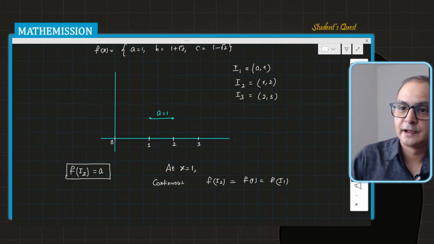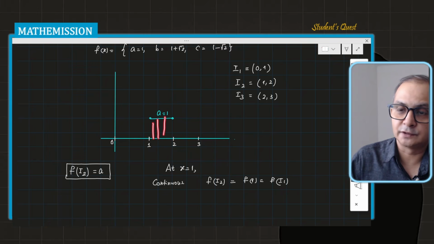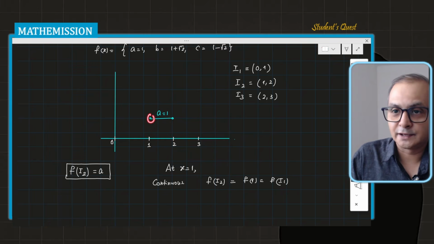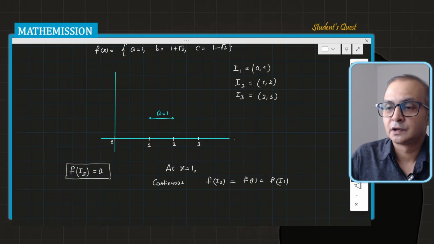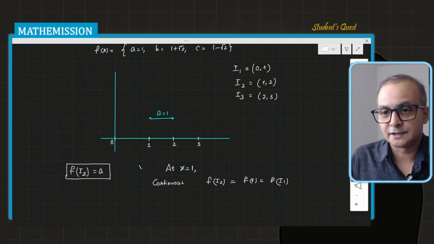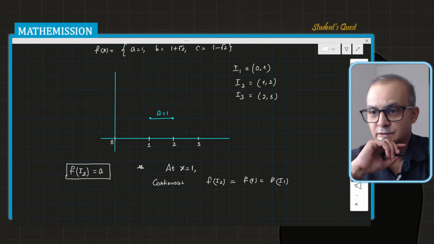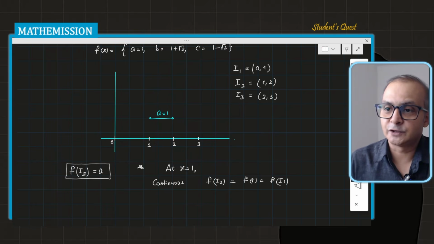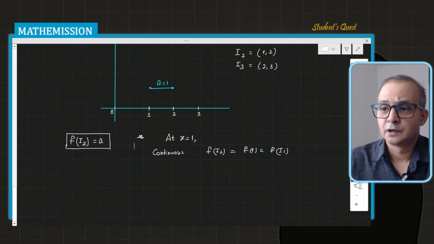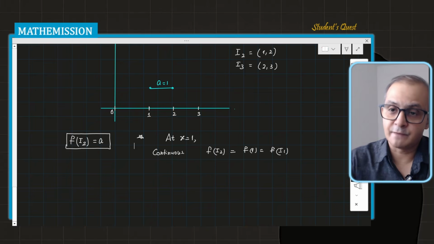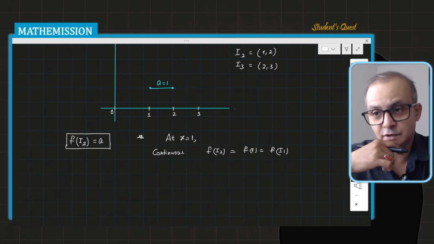Let me repeat it. f(I2) means this interval's value, that is 1. f(1) is the particular value at 1, and then this interval's value, because I have taken this 0 to 1, and I am not considering the 0 here. We will see the endpoint later. This is the first thing we are taking, at 1. Now, since f(I2) is fixed, f(1) and f(I1) should be that same fixed value so that the function becomes continuous.